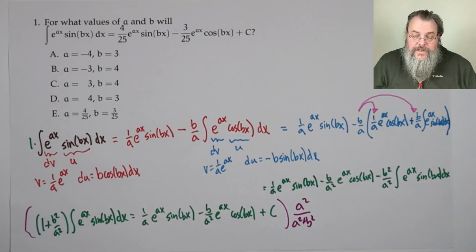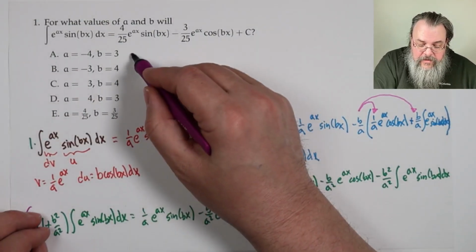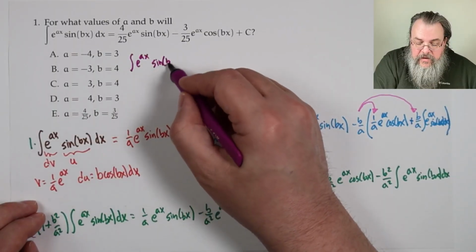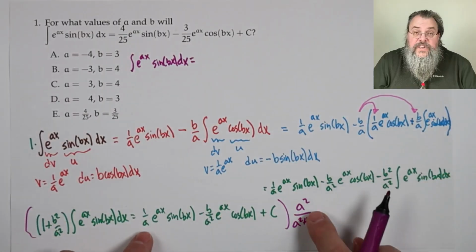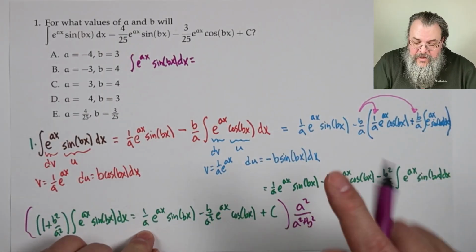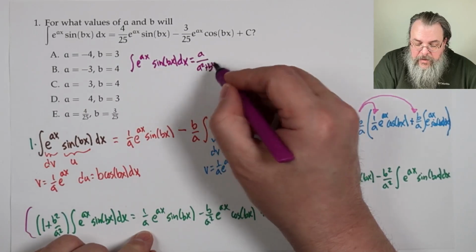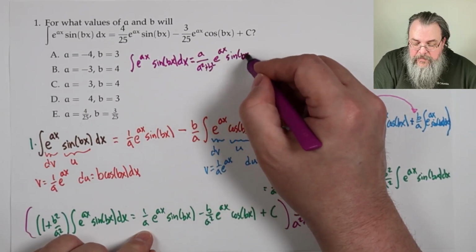And we come to the conclusion that the integral of e to the ax sine of bx dx is equal to, in the first case, an a cancels. So we get a over a squared plus b squared e to the ax sine of bx.